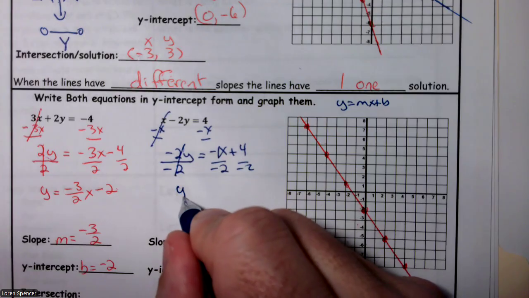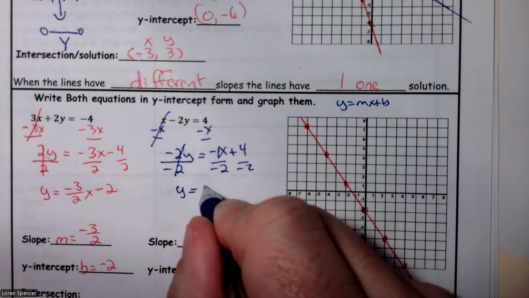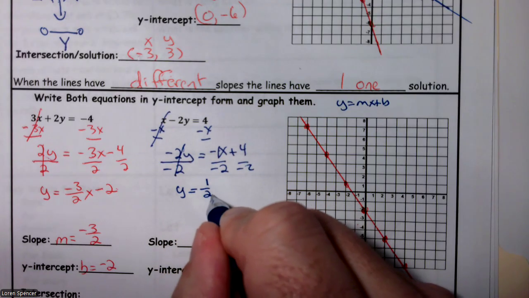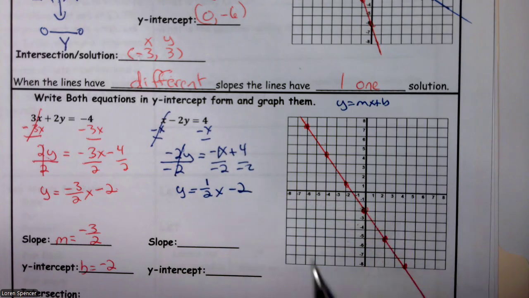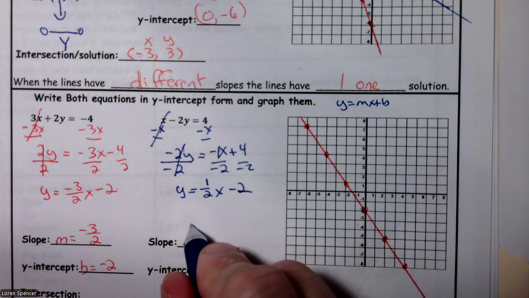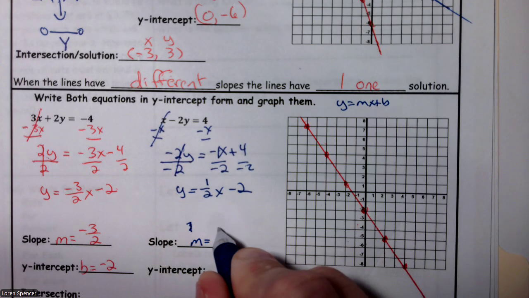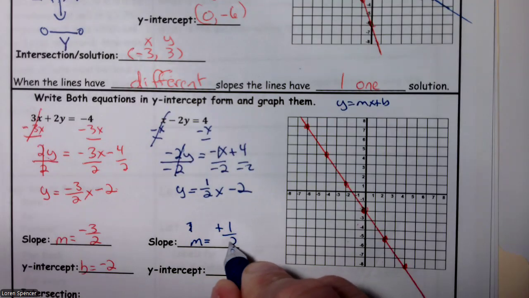This goes away and becomes y equals a negative divided by negative is a positive, so y equals 1/2 x minus 2. So my slope is m equals a positive 1/2, and my y-intercept is b equals -2.